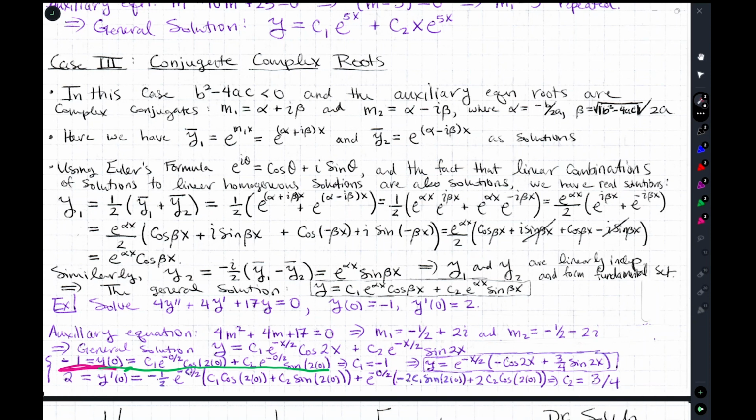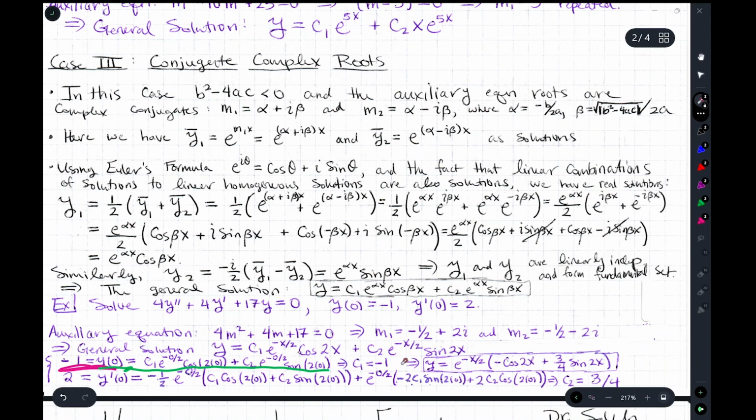And so what you'll do is take the derivative of this general form, and of course you're going to have to use the product rule. If you do that, you have this long expression there, and I just plug in 0 into it. Otherwise it would be an x everywhere here. Where you see a 0, it's an x.